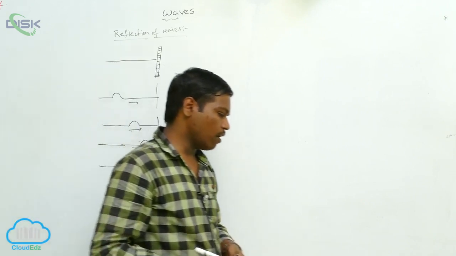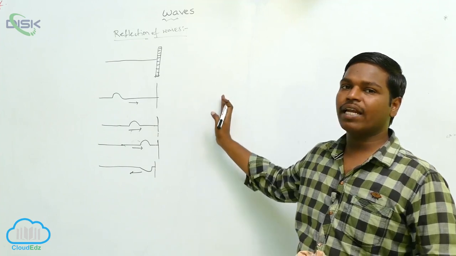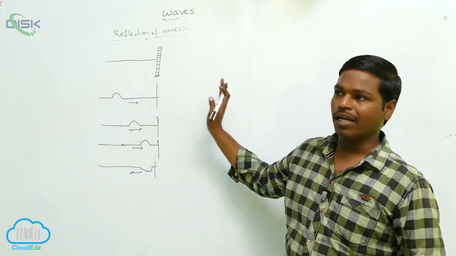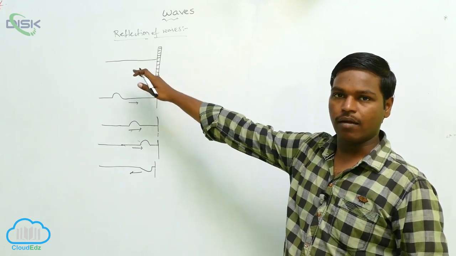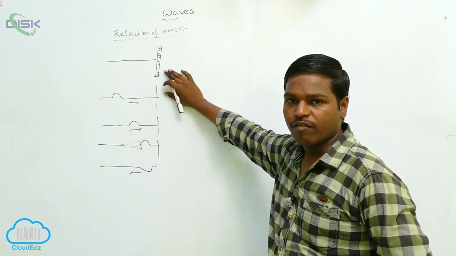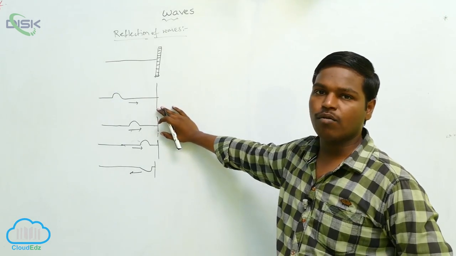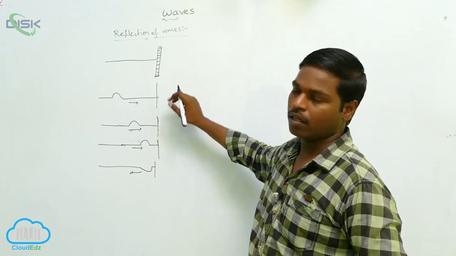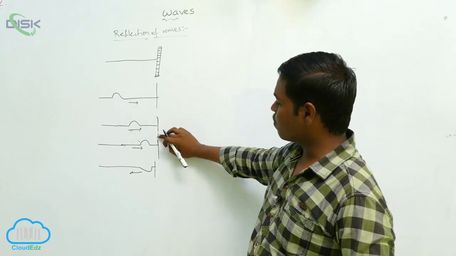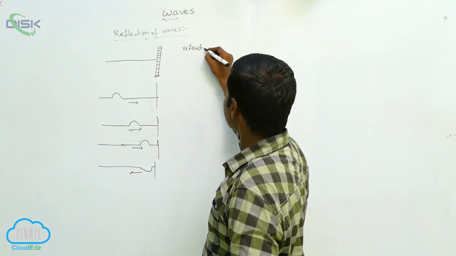When a wave is traveling in a medium and reaches the other end, some part of the wave is transmitted.